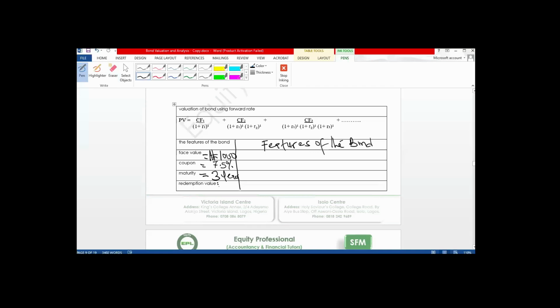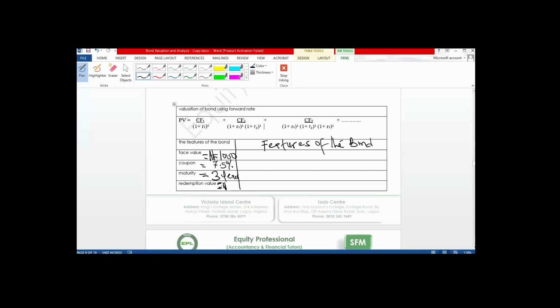Check and tell me. You're not given. The examiner is silent about the redemption value. Please note, where the examiner is silent about the redemption value, you are going to assume that the bond will be redeemed at the face value, that is the par value.